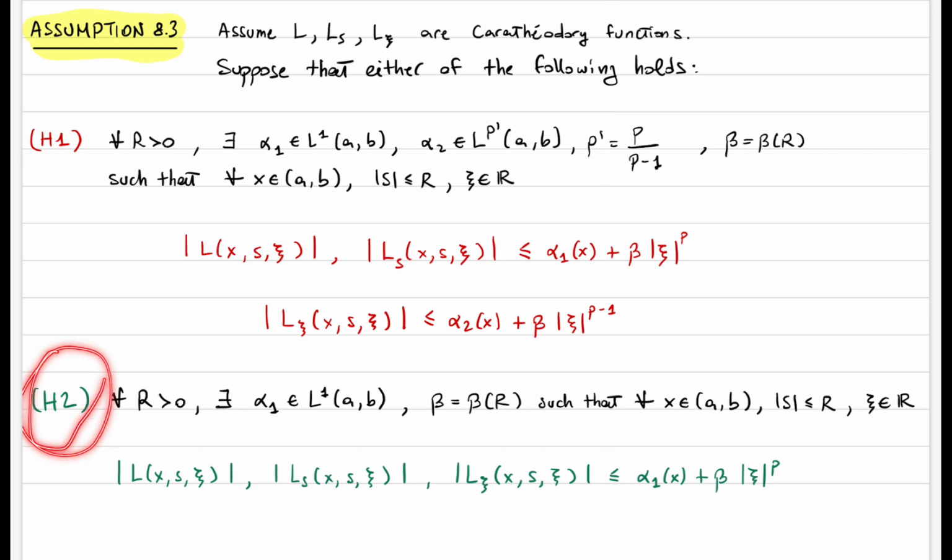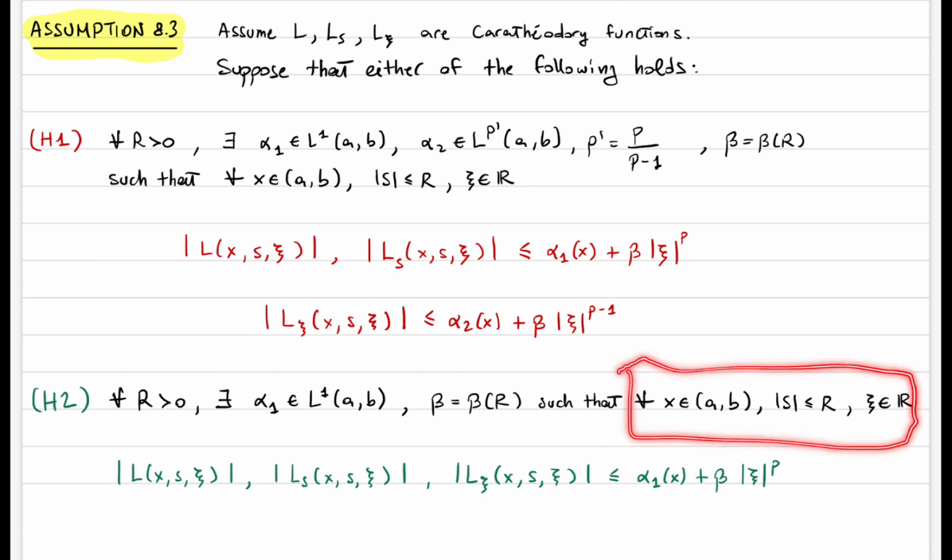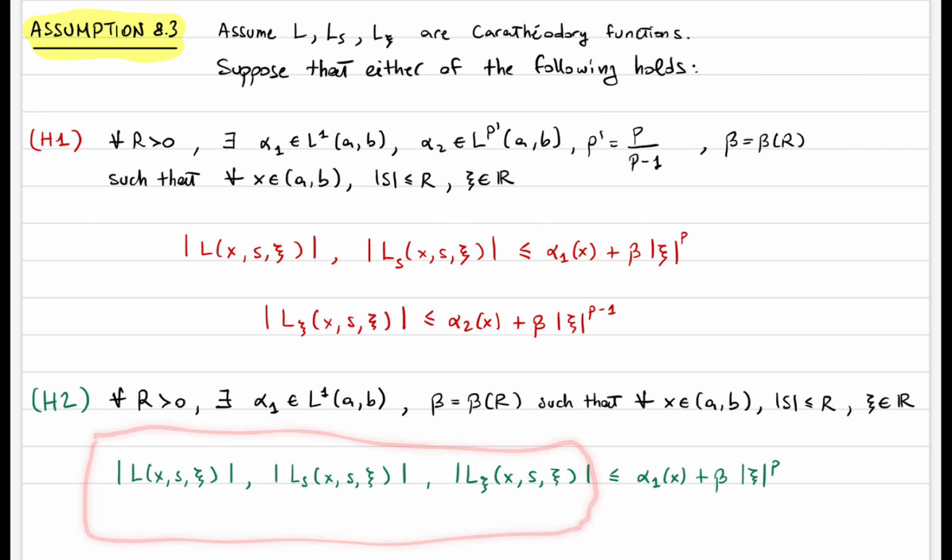Instead, the second assumption, H2, is stronger than H1. Then we require that for every R greater than 0, there exists alpha 1 in L^1 and beta, a constant, such that, again for the same values, so x in (a,b), s in absolute value less than R, and xi in R, all three of these, so L, its derivative with respect to s and its derivative with respect to xi, are bounded by alpha 1 of x plus beta times the absolute value of xi to the power of p.